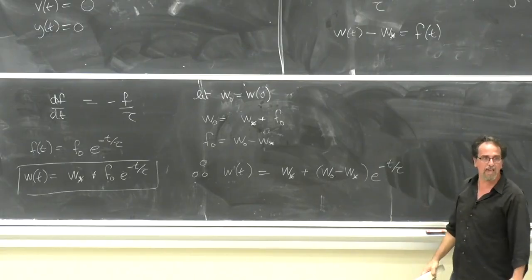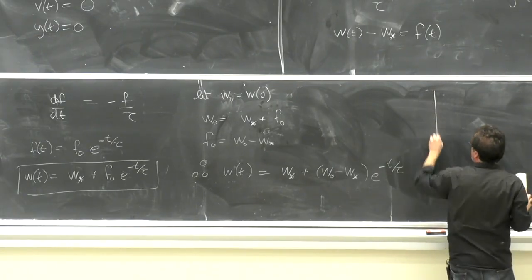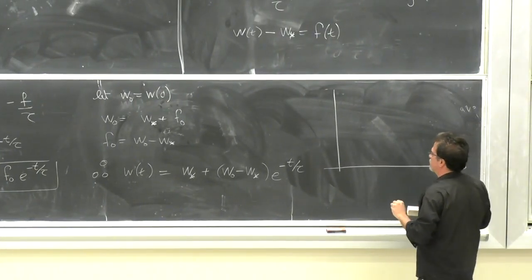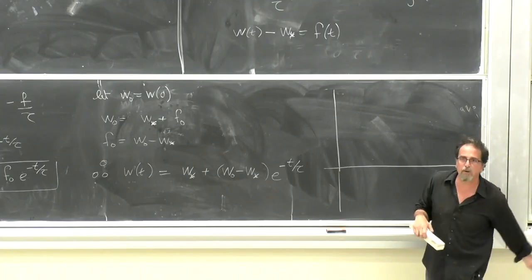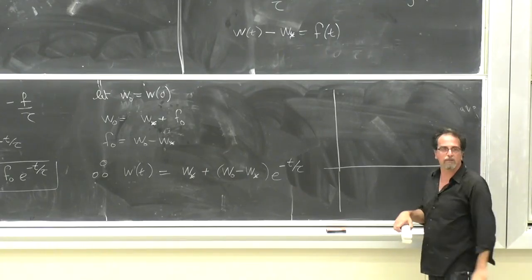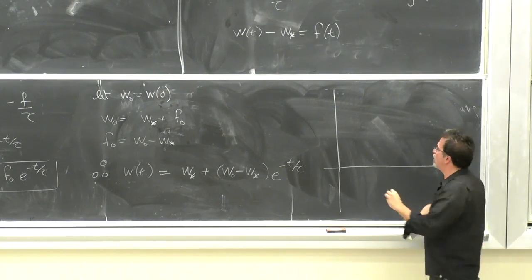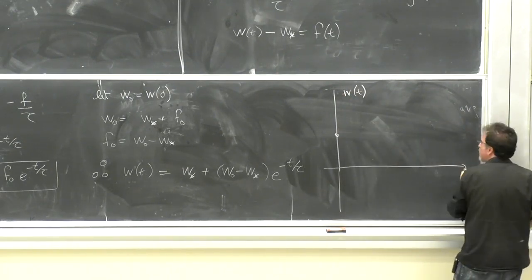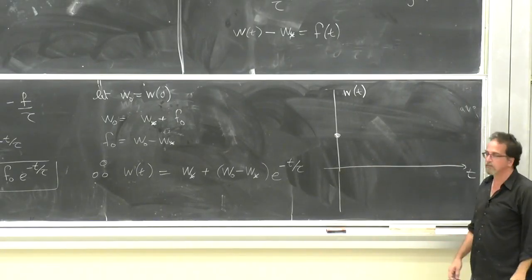Now, what do we get? I'm going to plot w of t, everybody. Let's plot w of t. Let's imagine I throw this ball up. So w0 is going to be positive. So this is w of t versus t. I'm going to throw the ball up. It's going to be positive.